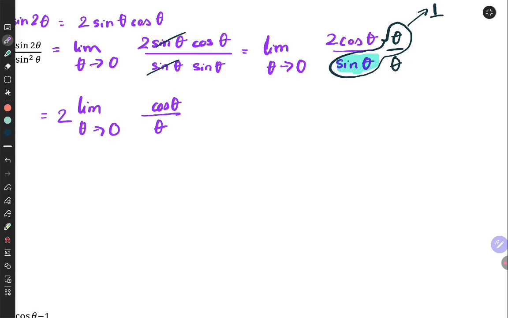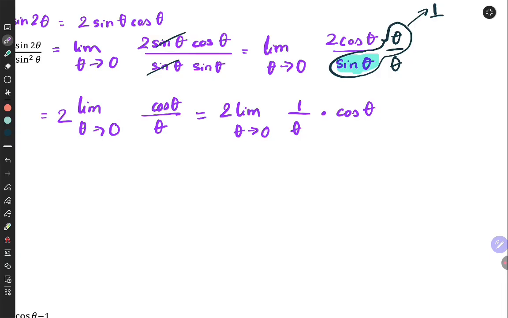This one, I'm not really breaking it, but separating it into 1 over theta multiplied by cosine theta. Split it out like that. Remember, yesterday we had the limit law. Limit of a product, you can split that into two limits.